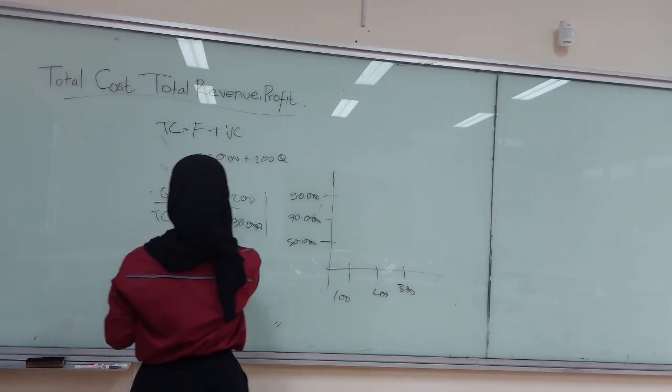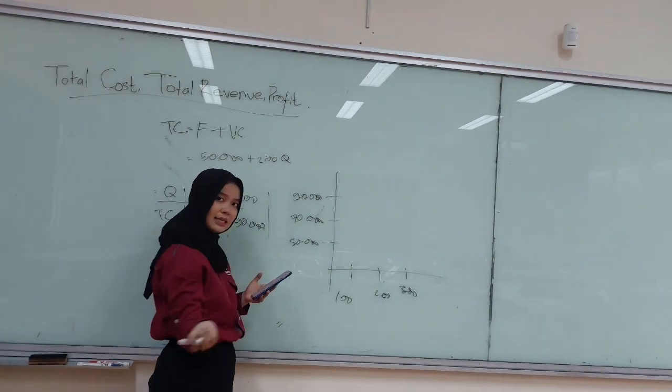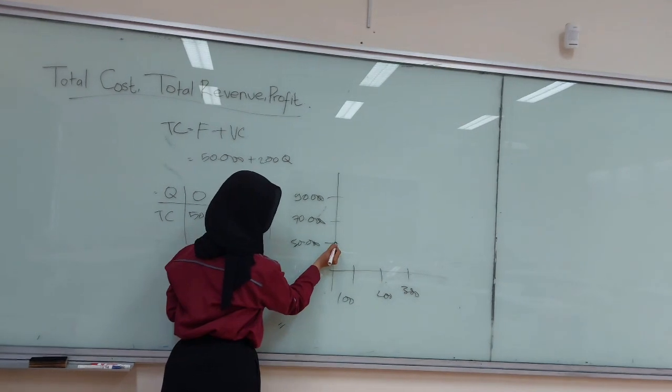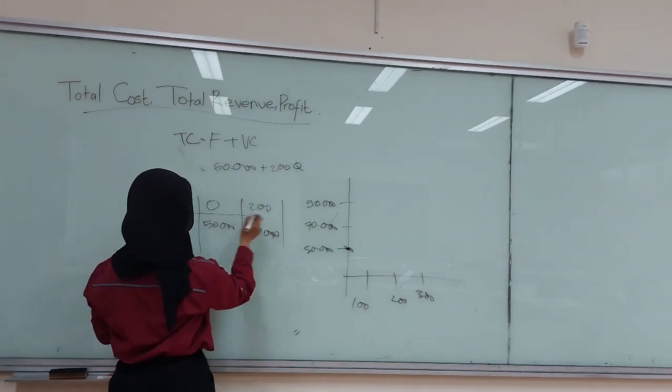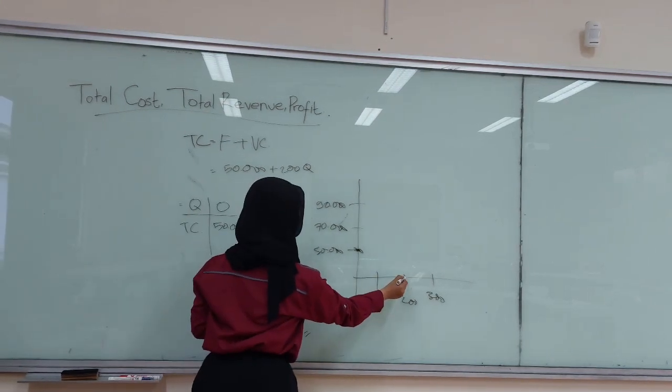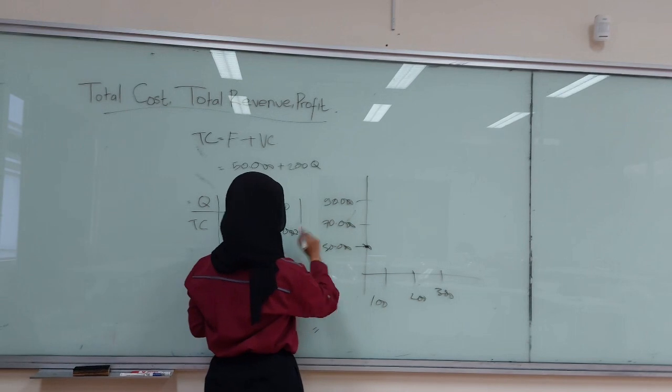For Q equal to 0, the TC is 50,000 here, and when Q is 200, the TC is 90,000.